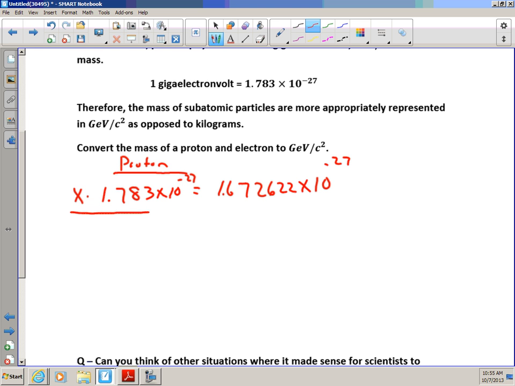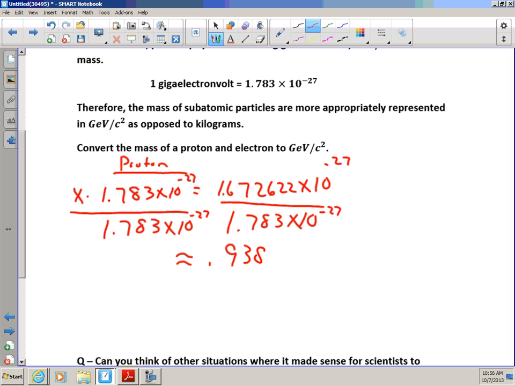I'm going to divide both sides. And when you do that, you obviously would be doing this with a calculator. You're going to get 0.938.